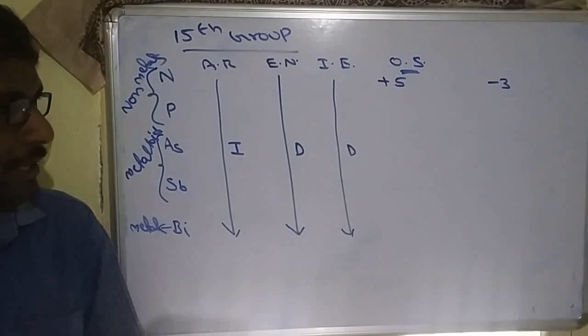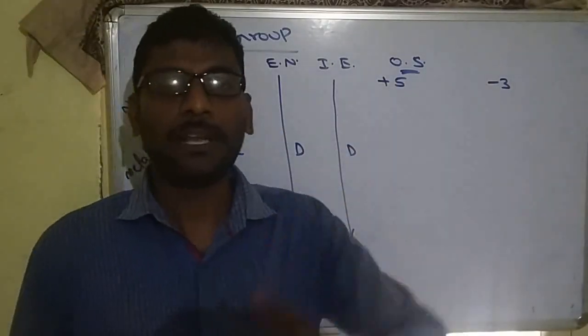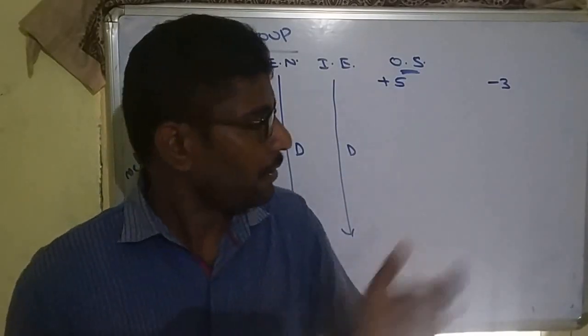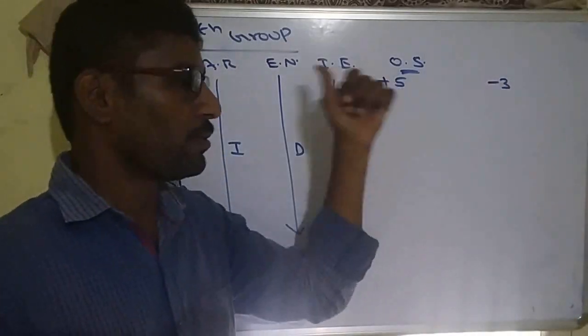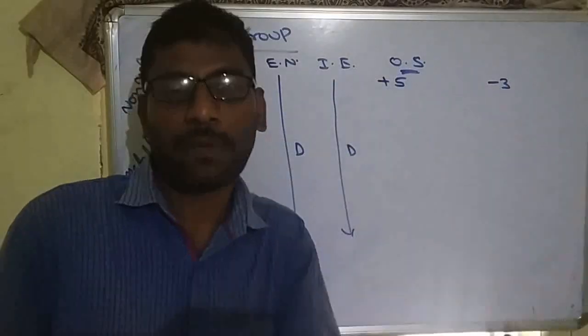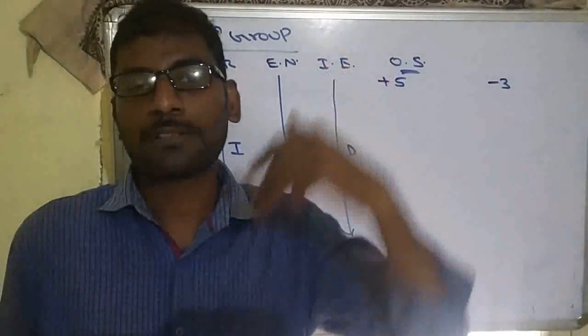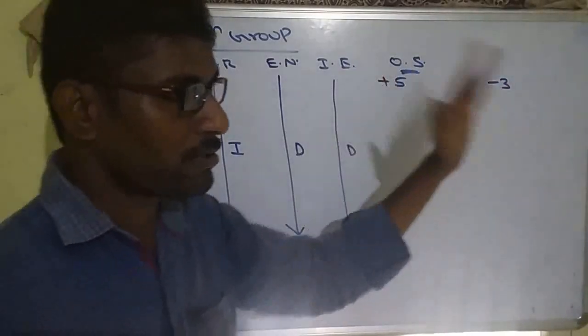Since they have 5 valence electrons, they can gain 3 electrons and easily get an octet. Gaining means negative charge, losing means positive charge. So these are the common oxidation states.